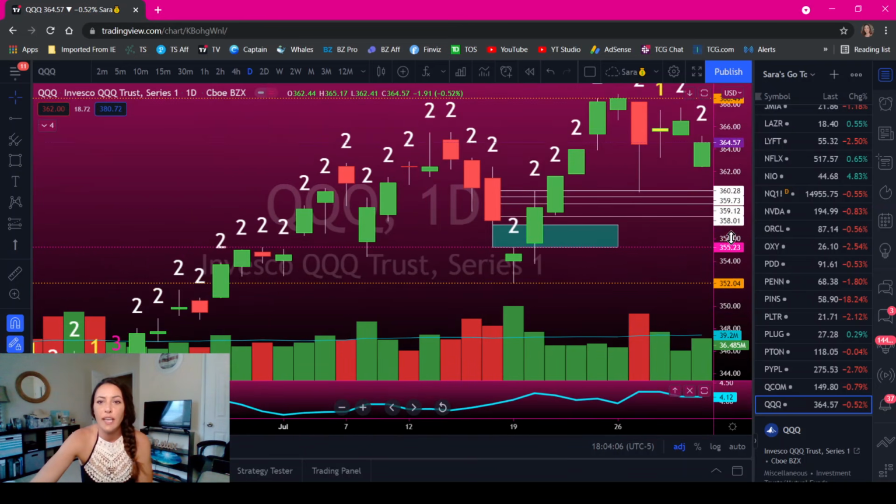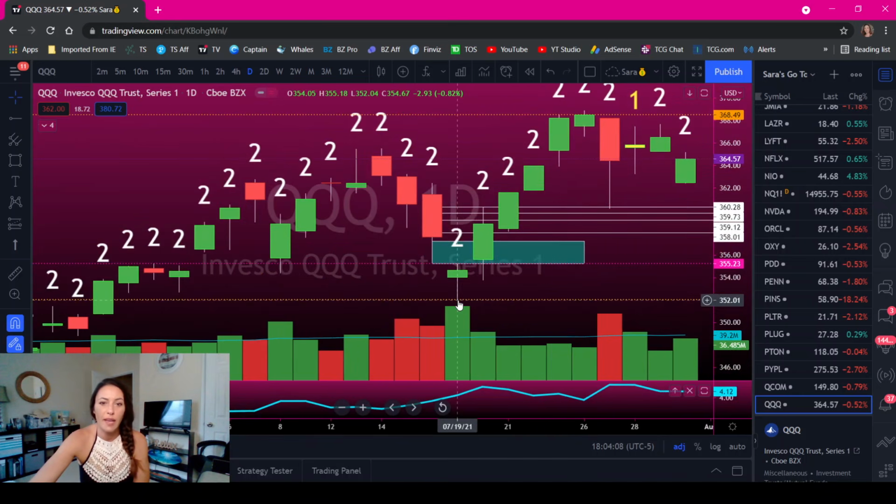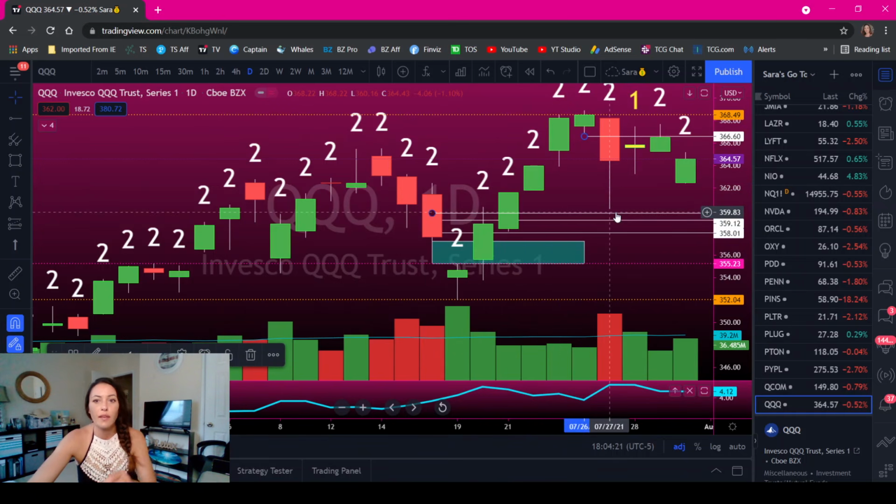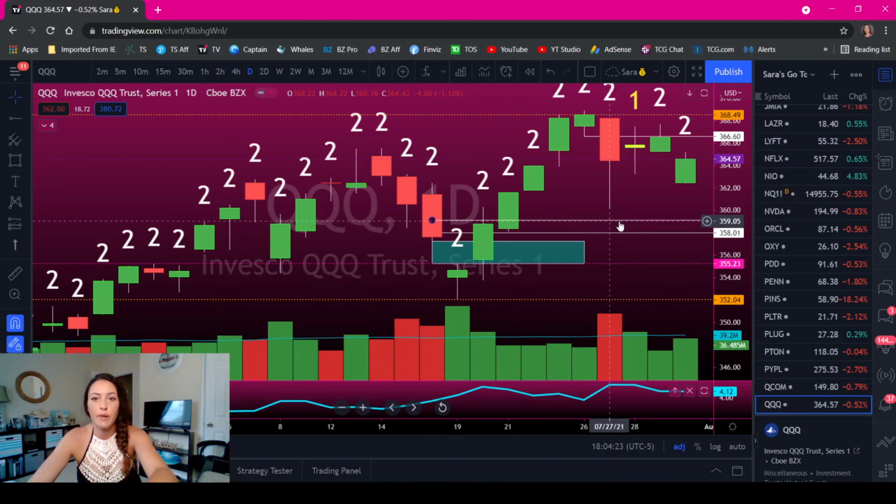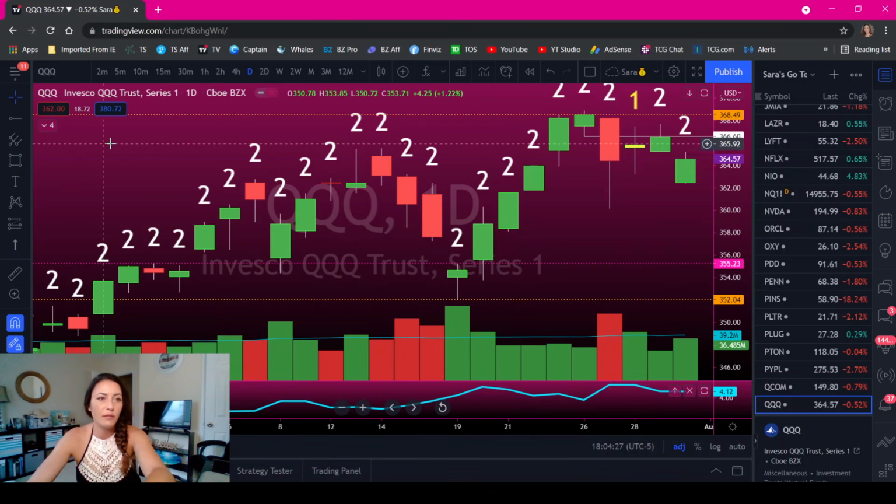And then with this huge gap down day, you could have honestly ridden it all the way up because you had a 2 up, 2 up, 2 up, 2 up, 2 up, 2 up. It wasn't until this day that you had a reversal against you. So if you're more of a swing person, the actual entry would have been here, an entry at 355.